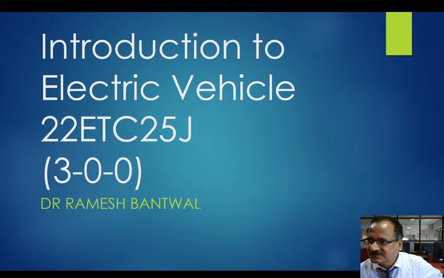Good afternoon, students. I am taking this elective, Introduction to Electric Vehicles. The code is 22ETC25J. This mainly deals with electric vehicles, which is a new topic now, and it is of 3 credits, and the code is 22ETC25J.